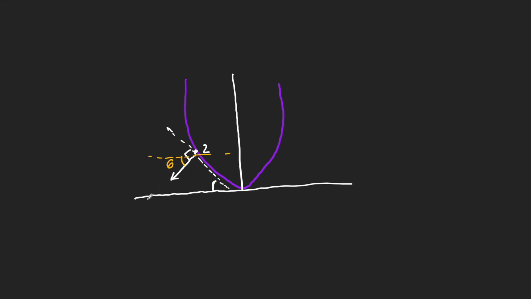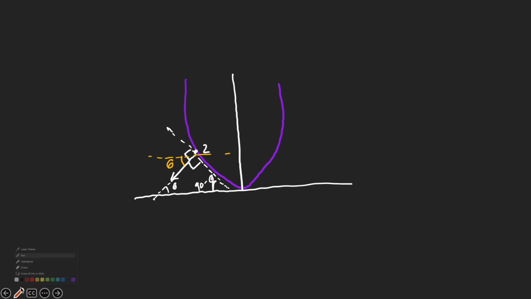If we extend this, this will also be theta, right? This is 90 degrees, so this angle must be 90 minus theta. So what is the slope of this tangent right now? Slope of this tangent is tan(90 minus theta), right?